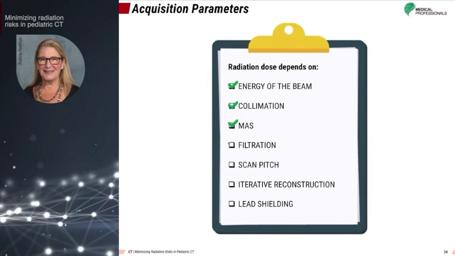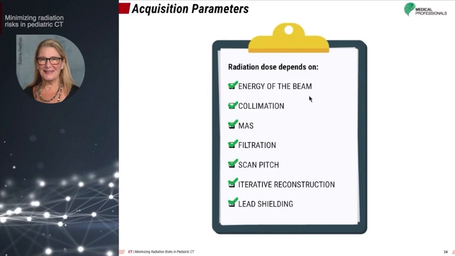The radiation dose in CT scanning depends on the energy of the beam, collimation, the mAs values, filtration, the scan pitch, iterative reconstruction, and lead shielding. As with radiography, the energy of the beam controls penetrability and scatter production.